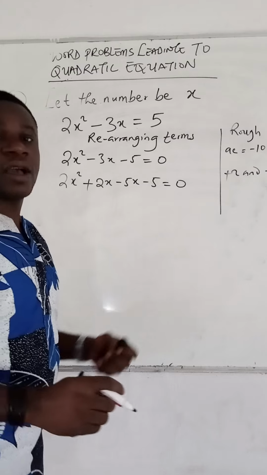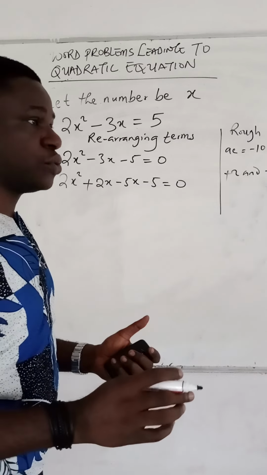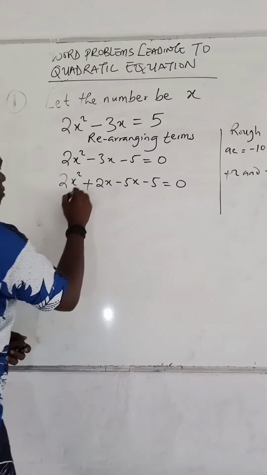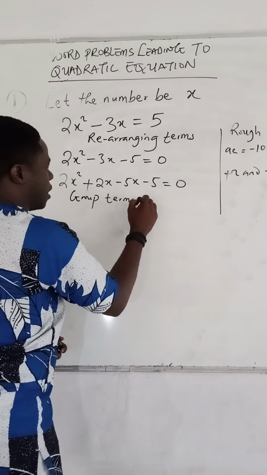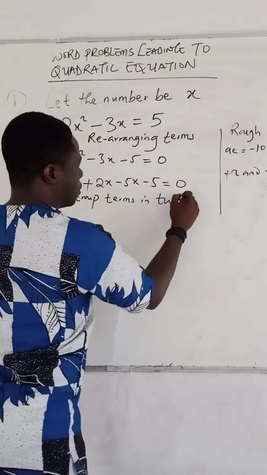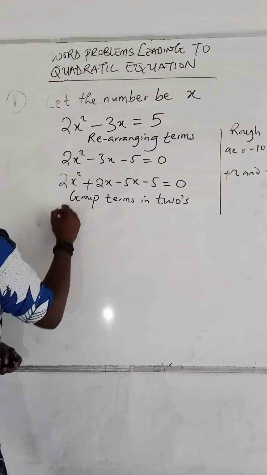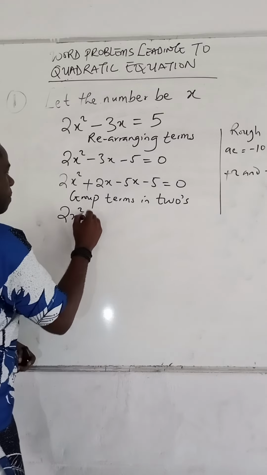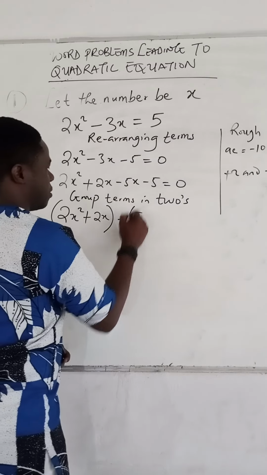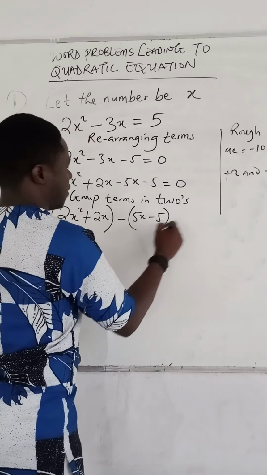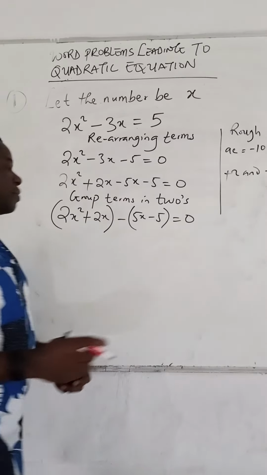From here, we group terms in twos. So this becomes 2x squared plus 2x, like this, minus 5x minus 5 equals 0.